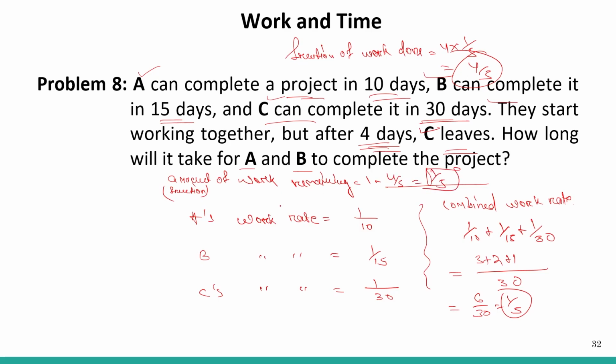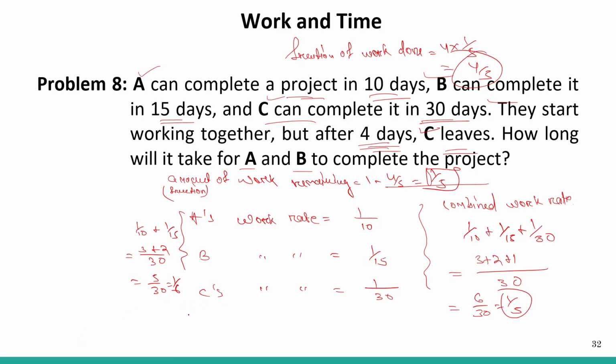Right now what we need to do is calculate the combined work rate of A and B. So the combined work rate of A and B is 1 by 10 plus 1 by 15, right? So this will be 3 plus 2 is equal to 5 by 30, which is equal to 1 by 6.